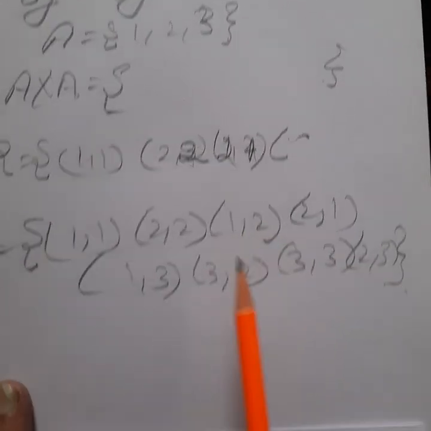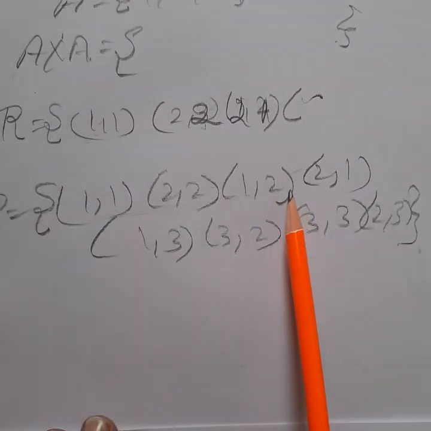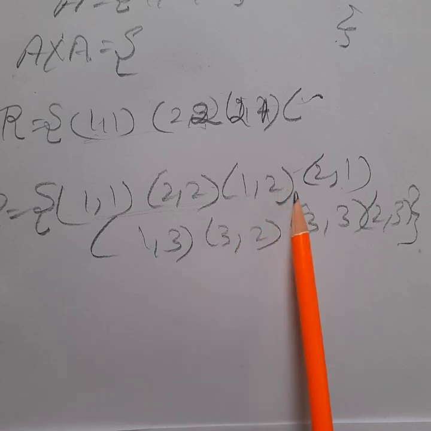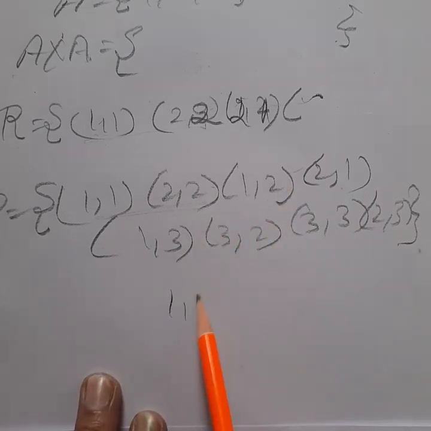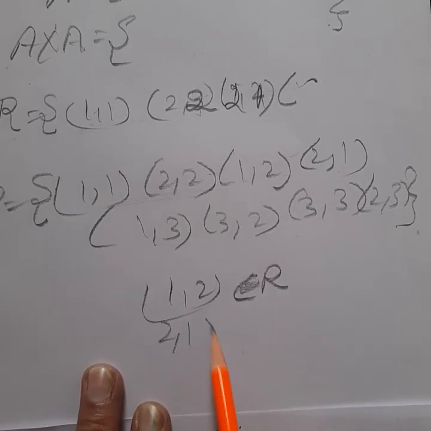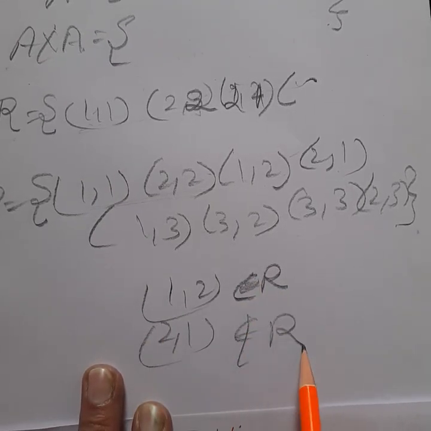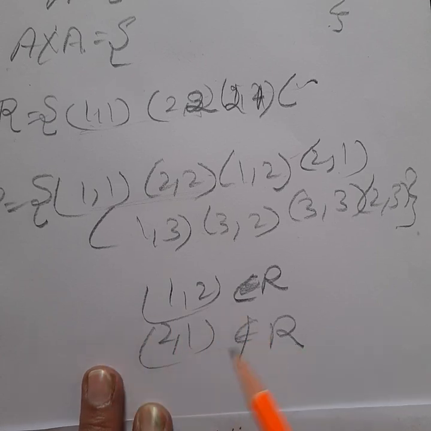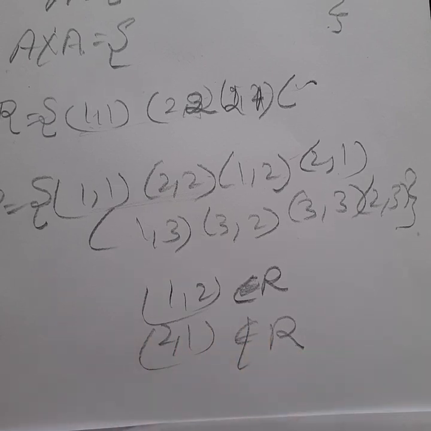If you have to show that a relation is not symmetric, then you don't write (2,1), because if (1,2) belongs to R, and we are not showing that (2,1) belongs to R, okay, then it is not symmetric. So students, this is the property of reflexive, symmetric, and transitive.